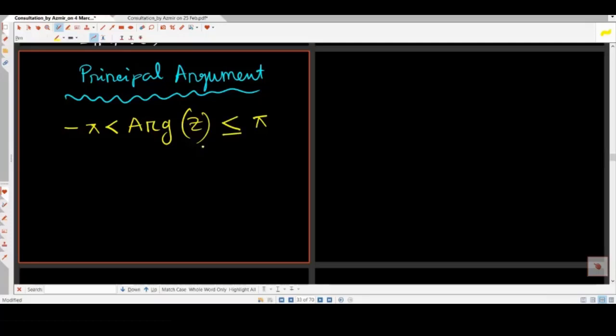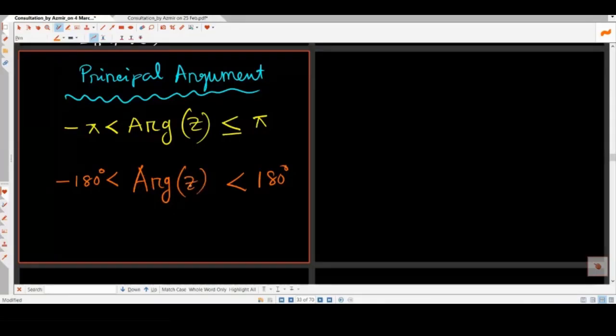It can also be equal to positive pi. In other words, the principal argument is between negative 180 degrees and positive 180 degrees, and it is denoted by capital ARG of Z. It can also be equal to 180 degrees.